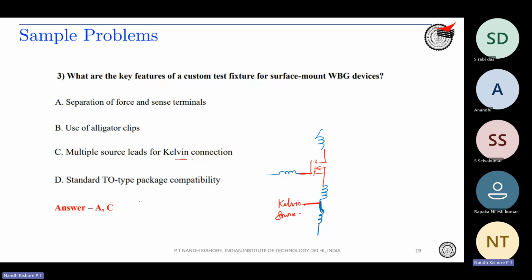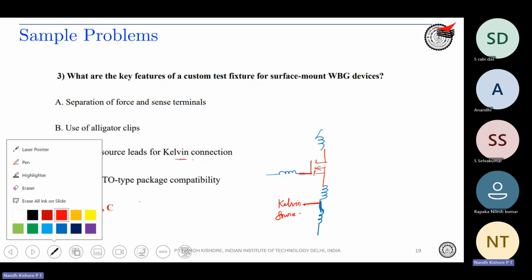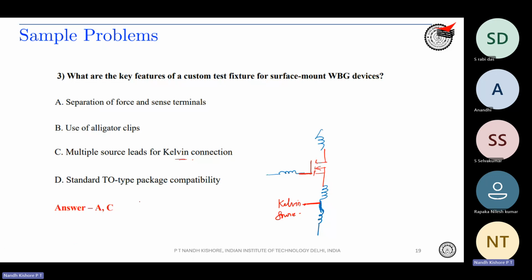So effectively, the inductance for the gate source path, if I can draw it, will be something like the gate signal comes over here through this inductance and then through the device CGS, correct? It goes through this inductance and then goes through the Kelvin source. It need not go through this particular inductance. So effectively, you're reducing the inductance in the gate source path.